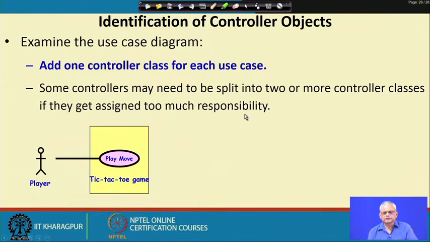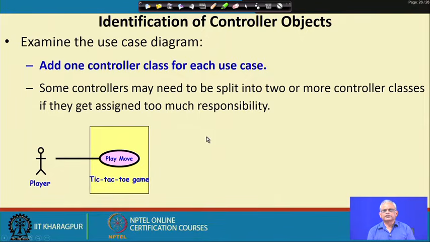But then you might ask the question that how do we know that a controller class has become extremely complex? The answer to that question is that as we go to the next step of the design, that is developing the sequence diagram, we will find that for those classes which have very complex behavior, the sequence diagram becomes extremely complex.